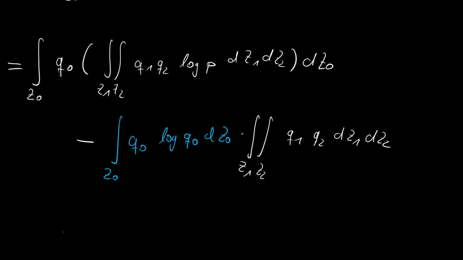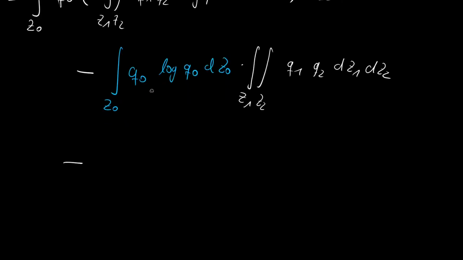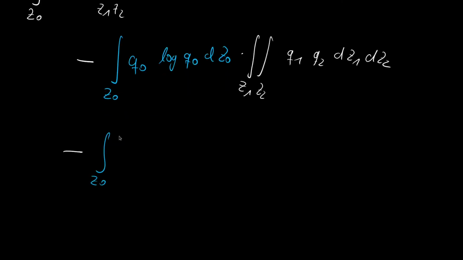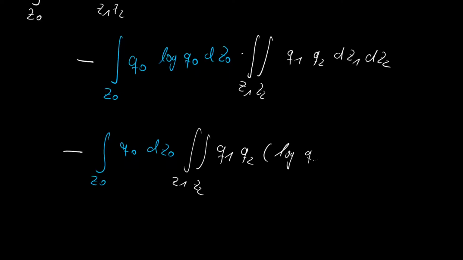And then we have another minus here, and here we will then get the integral over z0 of q0 dz0 multiplied with the double integral of z1 and z2 of q1 times q2 of the logarithm of q1 plus the logarithm of q2, and then dz1, dz2.